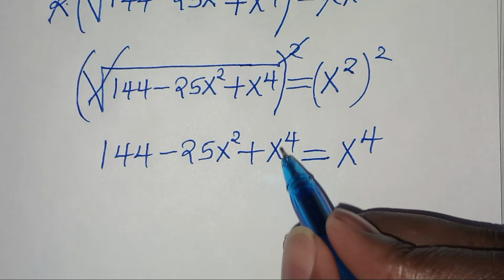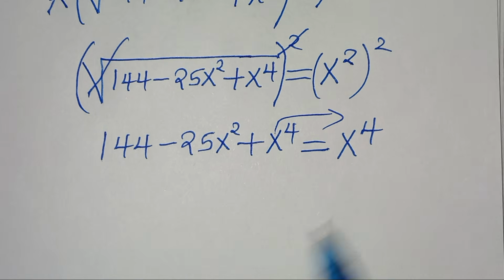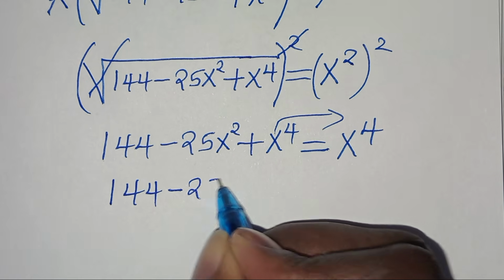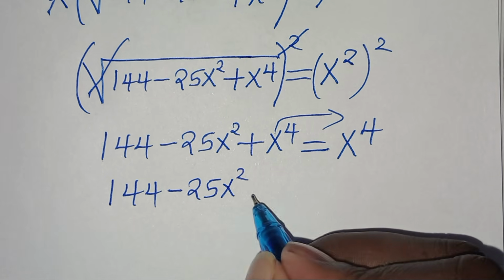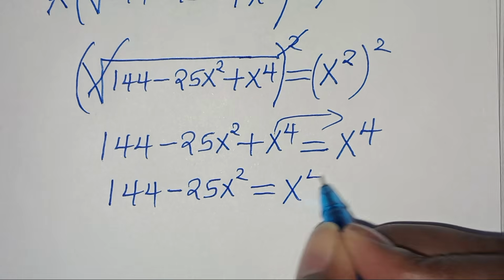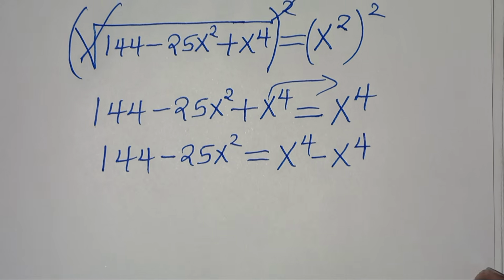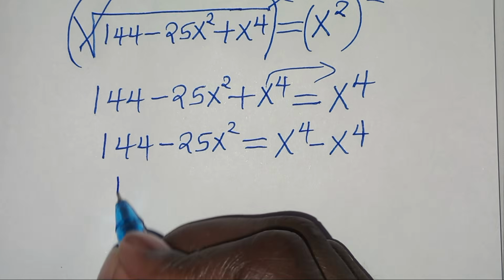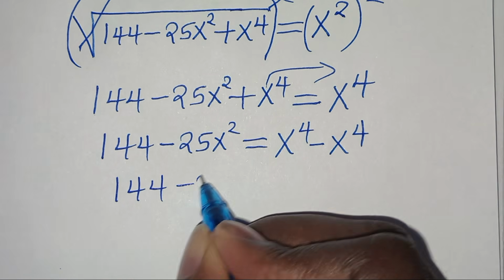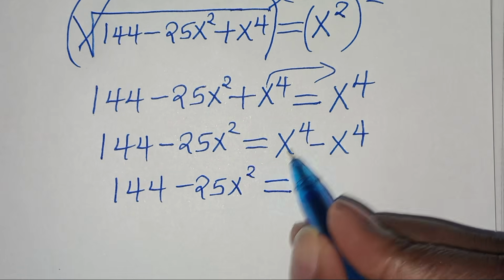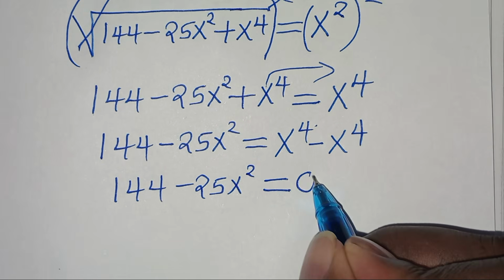Now let's take x to the power of 4 on the right hand side, and therefore we have 144 minus 25x to the power of 2. This is equal to x to the power of 4 minus x to the power of 4. This is equal to 0.